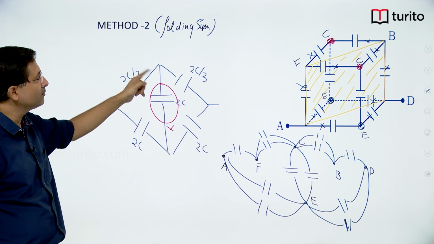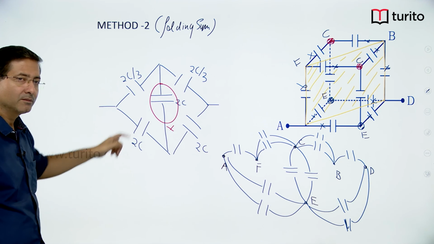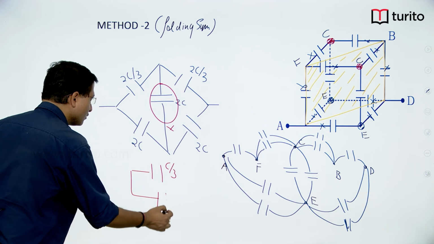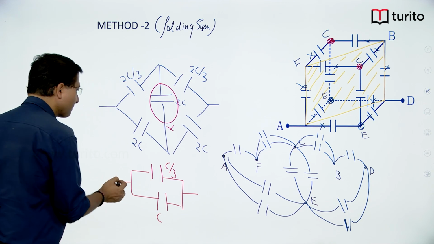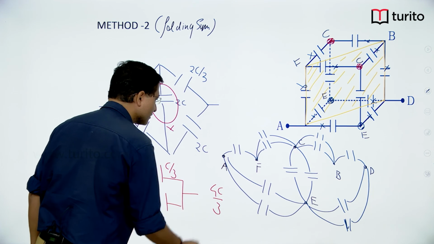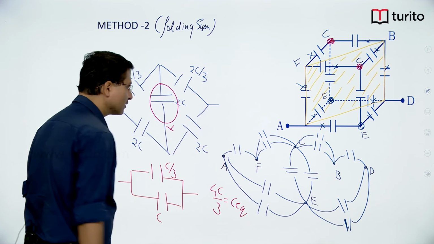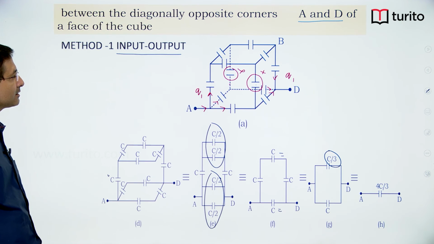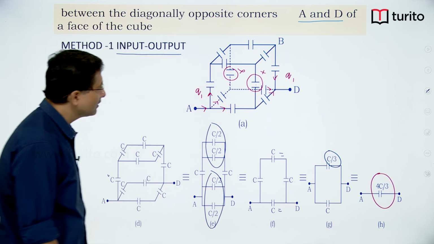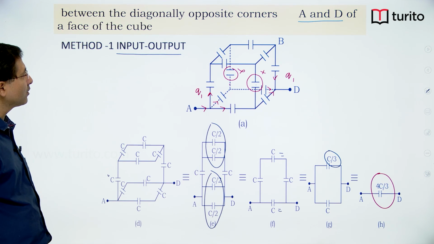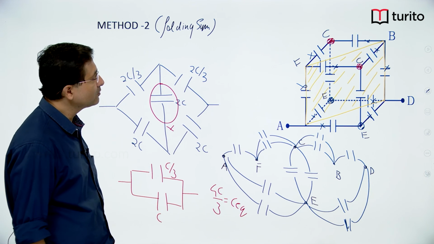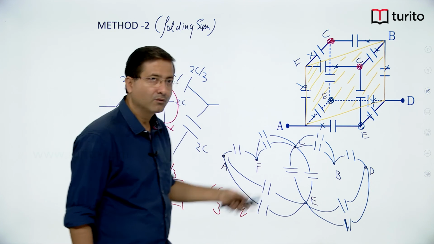So, here the capacitance will become C by 3 and here the capacitance will become C. So, the upper one is C by 3 and the lower one is C. Now, these two are connected in parallel, so we get 4C by 3. In the previous case we also got 4C by 3 when we solved the problem with input and output. Now we are getting 4C by 3 again when we solve the problem by folding symmetry.